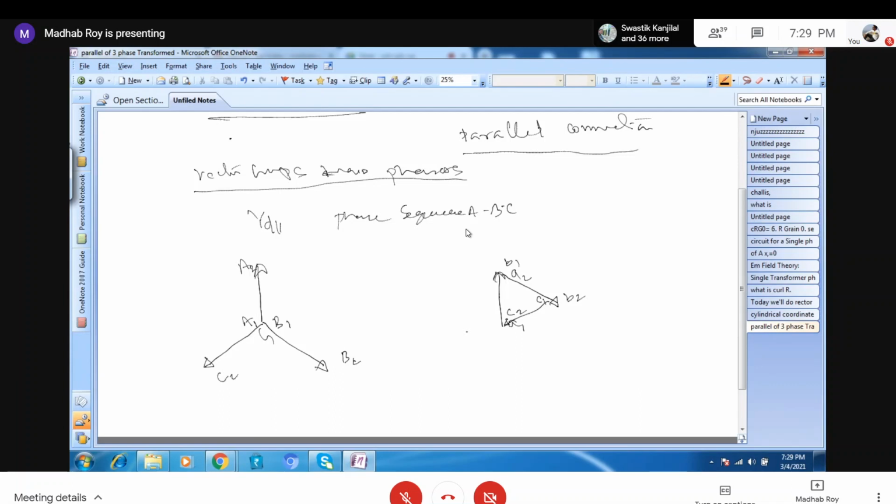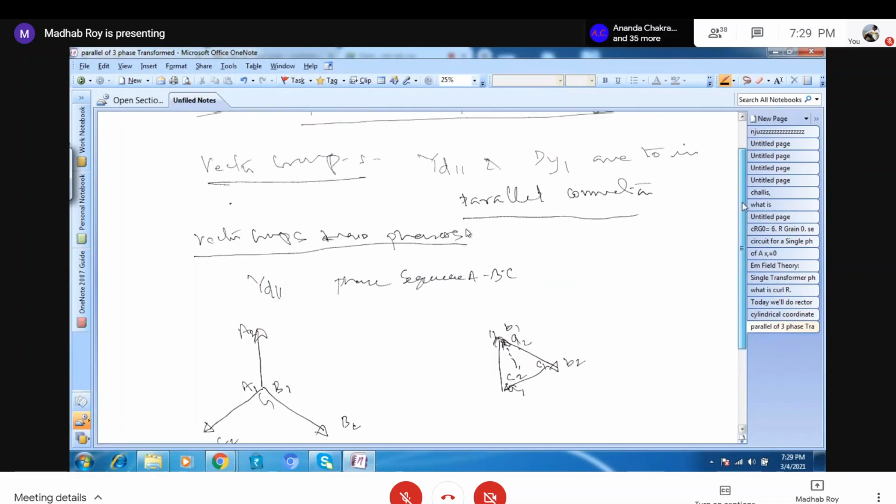So from this we can say that it is a YD11. So here is the 11, that's called the 11. Now what are the tasks? So this is the vector group.